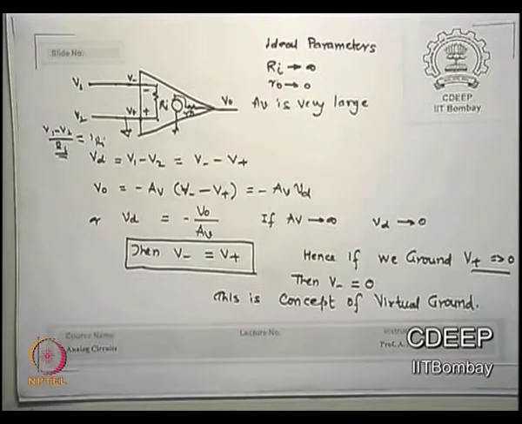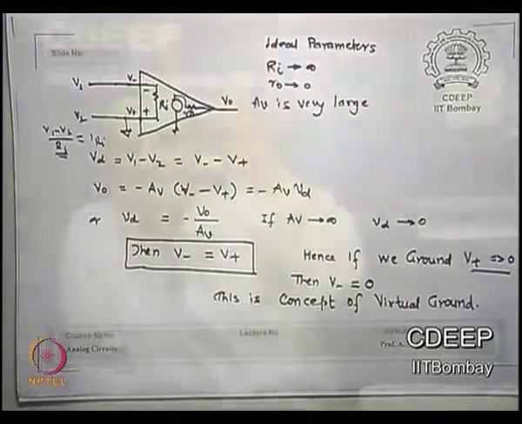V plus is physically grounded, so V minus has a 0 potential, but there is no current sinking there, is that correct? I said V plus is V minus, V plus I made 0 volt physically by grounding, so V minus I am saying has a potential 0, okay.